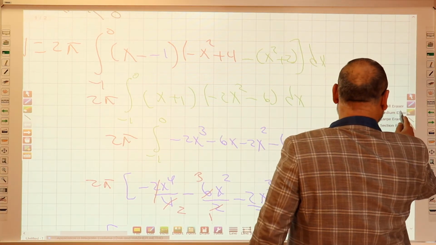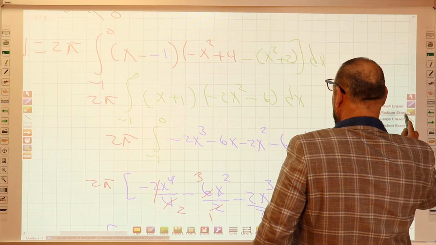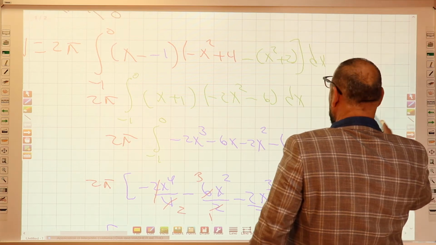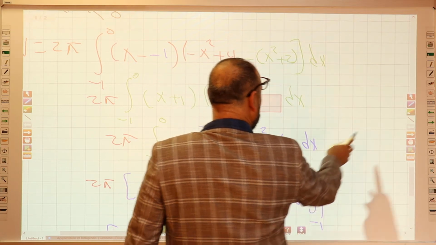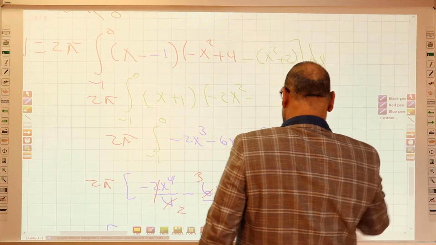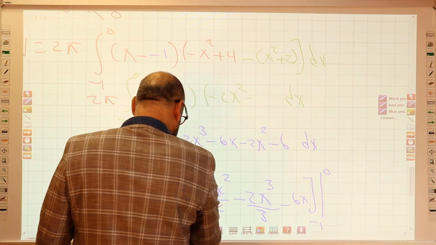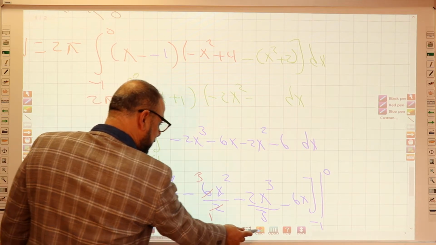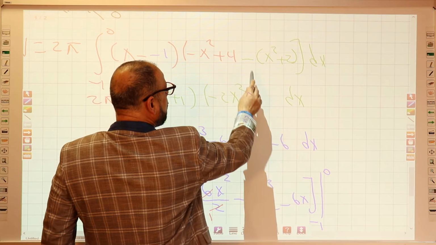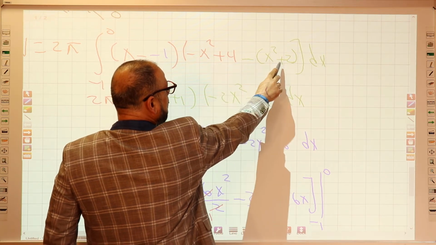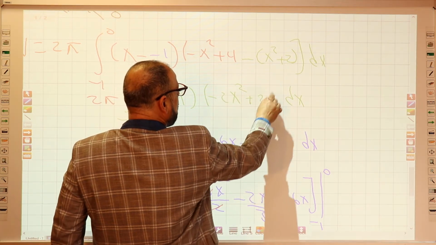Okay, I have to erase all this. Somebody here, my student, is telling me that it's plus 2. Thank you. Here, negative x squared, and negative 2 is going to be plus 2.